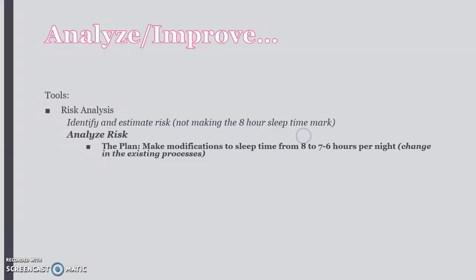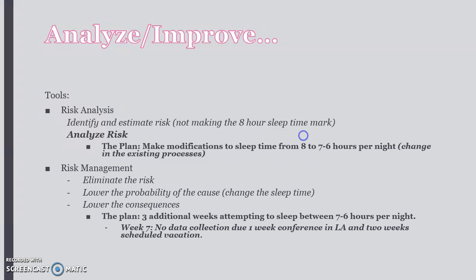So for the analyze and improve phase, I came up with a plan of action to make modifications that are more realistic, from 8 hours to sleeping 7 to 6 hours per night.